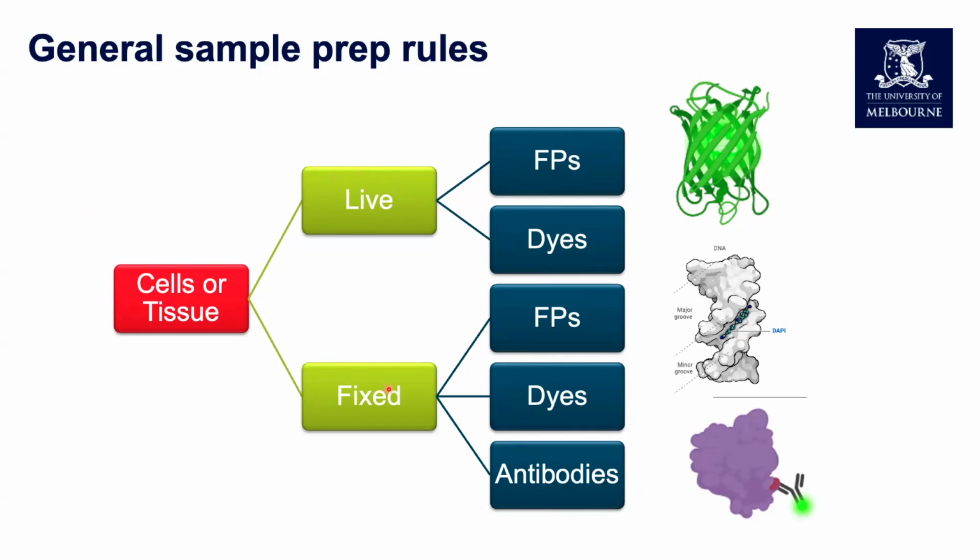Whereas if our samples are fixed, this also opens up the possibility of not just using fluorescent proteins and dyes, but also antibody labeling as well. And we covered that a little bit in the last presentation. With the dyes, it becomes really important that these are fixable dyes. So again, check the manufacturer's product information as to whether or not those dyes can be fixed.